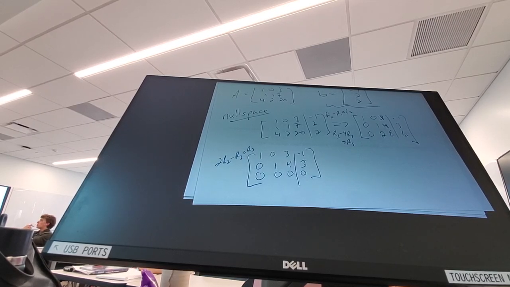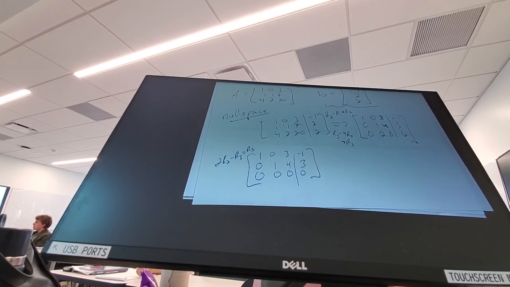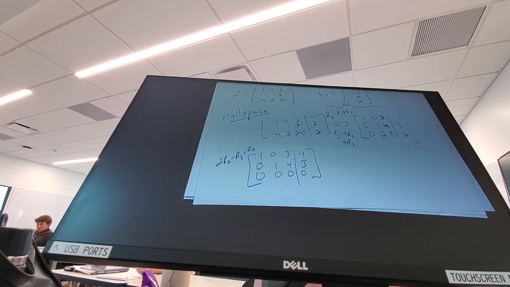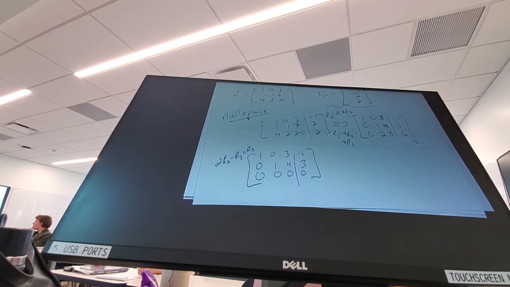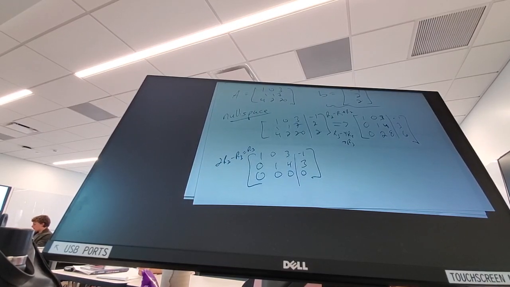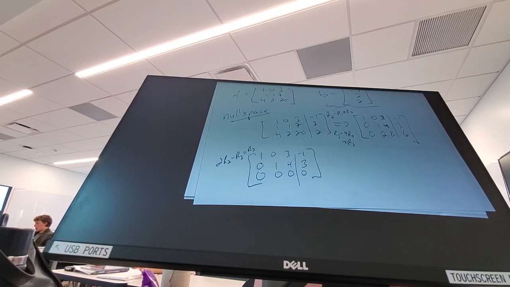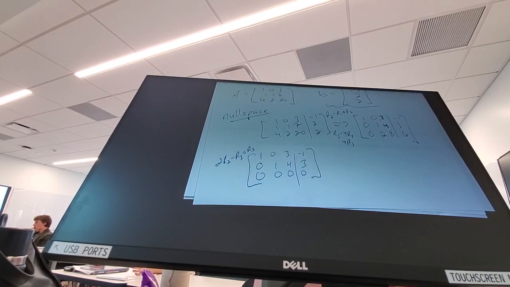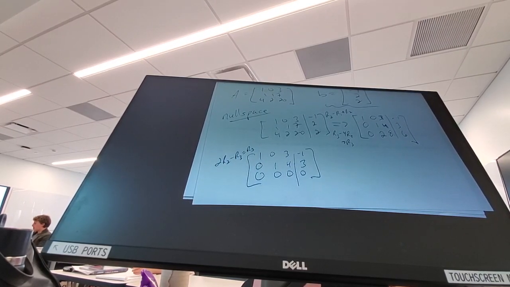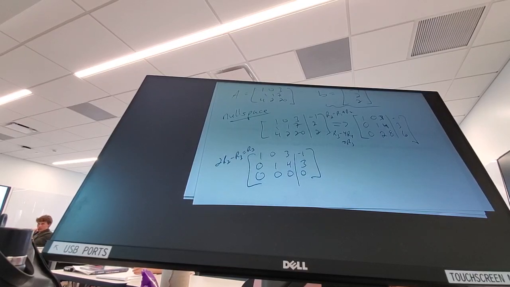What would have to happen for B to not be in the column space of A? This would have to be something other than 0. You guys with me? In order for B to not be in the column space of A, that last entry here would have to not be a 0.